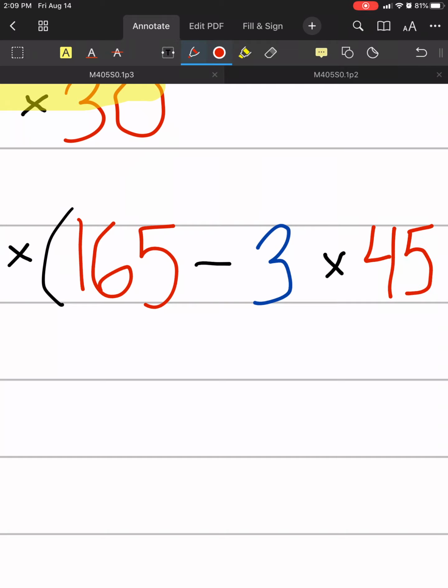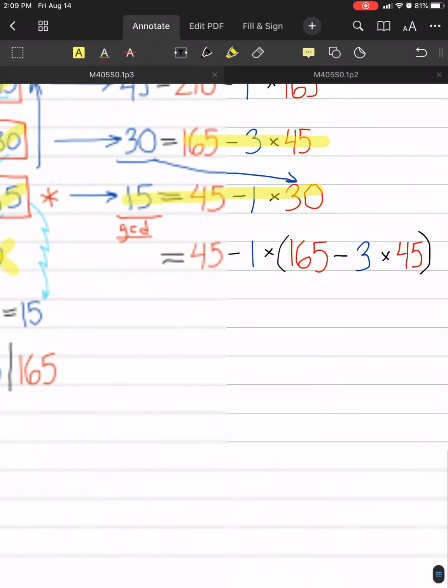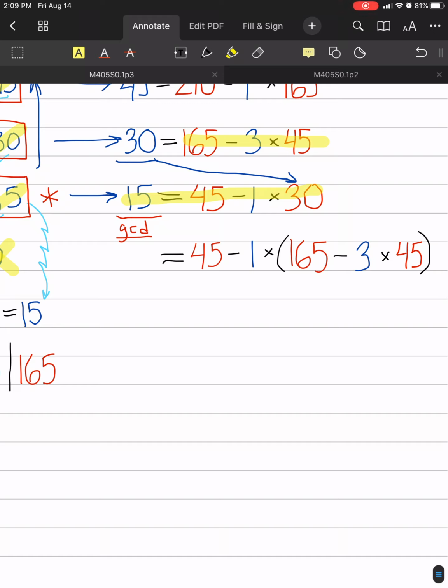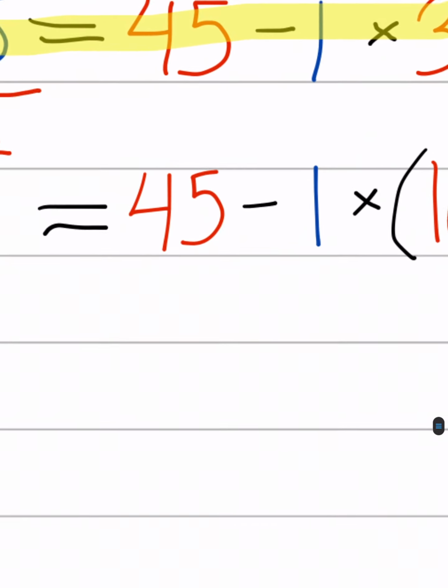One thing about how I'm doing this on a PDF that makes it a little bit easier is you will notice I can color code these numbers pretty easily. Wouldn't be able to do that on a classroom board so well. So here we get 45 minus 1 times the quantity 165 minus 3 times 45. Now, what we do at this point is we regroup.